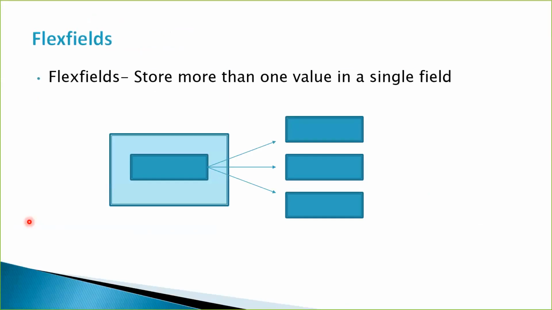It means that assuming that this is a screen on Oracle and this is a field where we can enter a value, when we select this field, it explodes into different other fields, and then we can enter multiple values in these multiple fields that pop out. So this is basically what the FlexField technology is. It allows us to store more than one value in a single field, the single field being here, and then when we select it, we have other many fields where we can enter information.